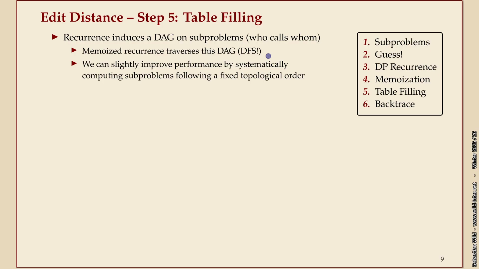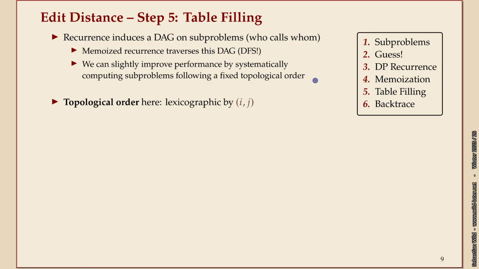So it has a topological order, and you can fill the entries following this topological order. In most cases, the subproblems are tuples of numbers, and then if you pick the right order to iterate through them, you follow a topological order. But I think it's nice to keep in mind that it works in full generality.